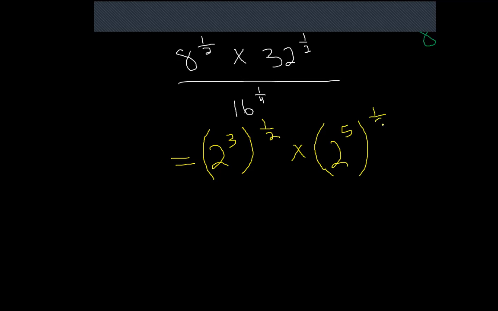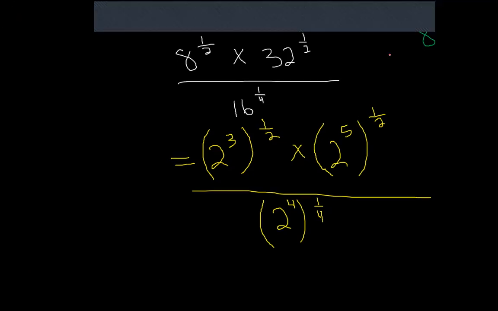In this first method, I'm trying to get all the same bases. 16 is also written as 2 to the power of 4. So now I have all of them to the base of 2, so I could apply my laws and evaluate. This is just one way of doing it, right? Okay, I need space. Let me continue.